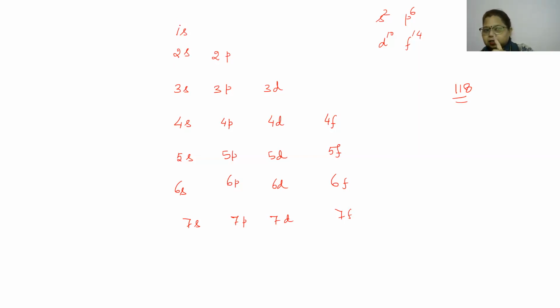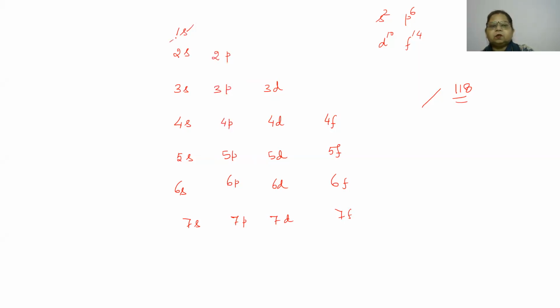For this, please follow what I am saying: whenever you have to draw the diagonals like this, the diagonals which are going downwards will be cutting the name of the orbital. Say 1s is an orbital's name, 5d is the name of an orbital. So I will draw it from here.